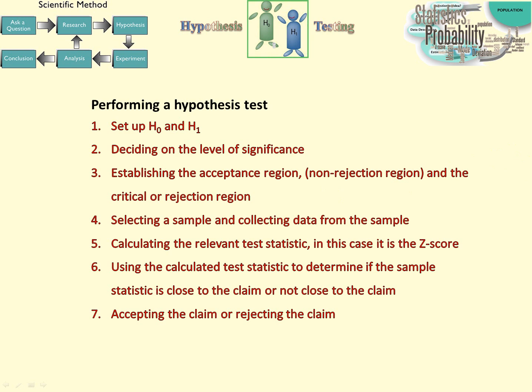Now that'll come into the estimating population parameters, because we need to set up areas where it is rejected. Selecting a sample, well, that's random, and collecting data from the sample. Selecting the sample is pretty complex, and you have to do it by rigorous means.